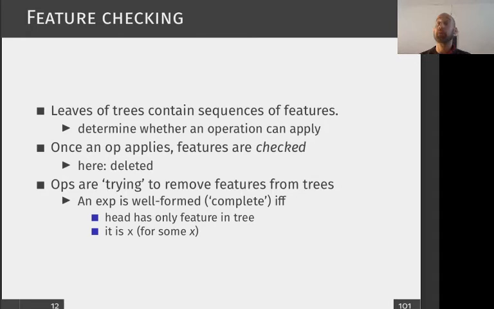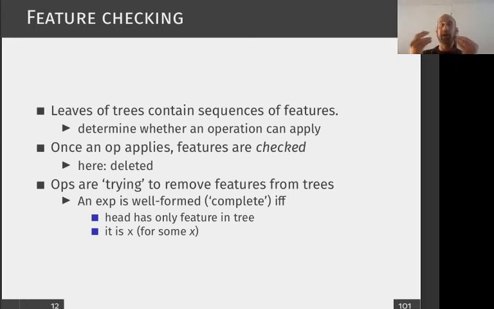Okay? So there's this notion of being well formed, or an expression being complete, meaning it's done, right? It's achieved nirvana. So when have you achieved nirvana? When you have no more desires, right? So all of the features should be gone, except maybe one feature which says I am an S, or I am a particular category. Right?